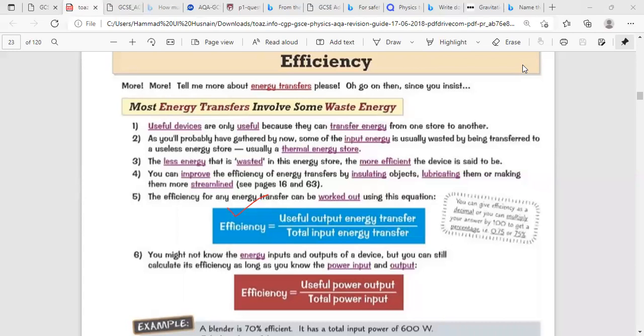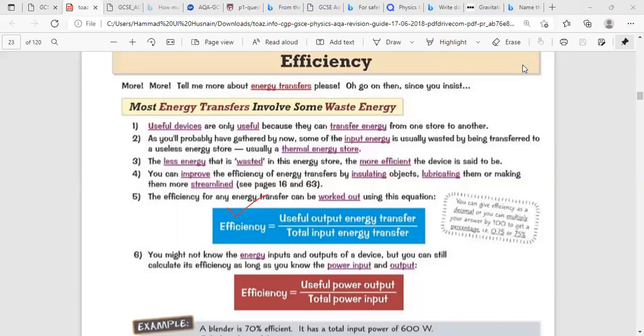If we reduce the energy losses, we are increasing the efficiency of that body, and we reduce the energy losses by insulating the object or by lubricating it. So this is how efficiency is improved by reducing the energy losses.